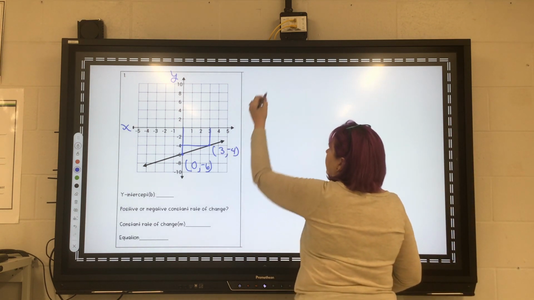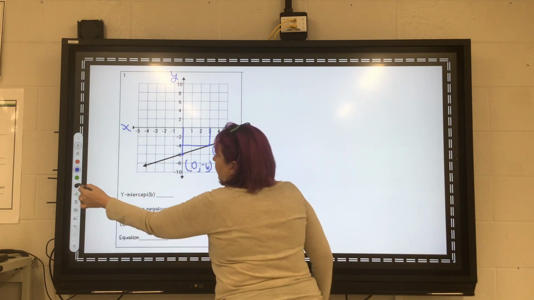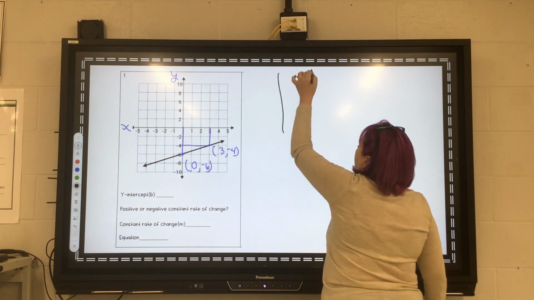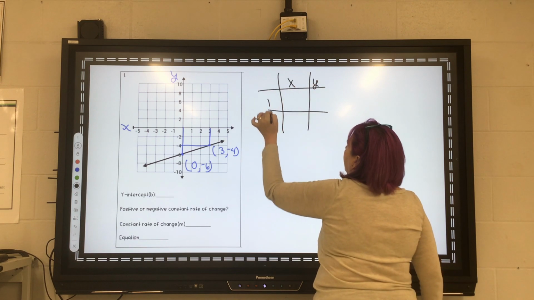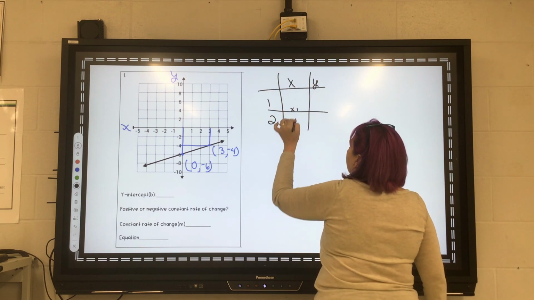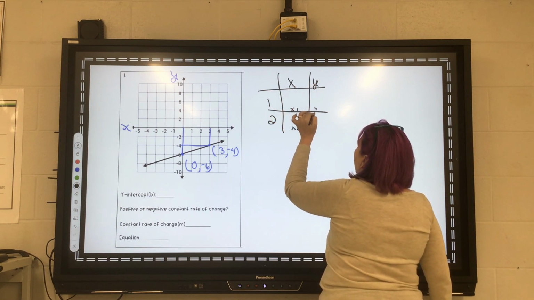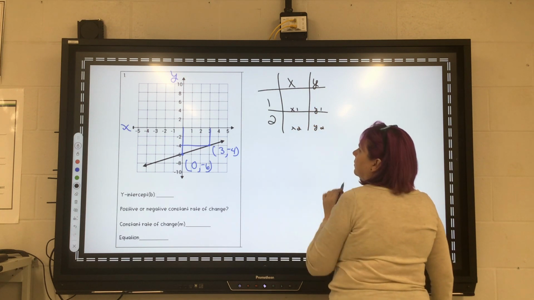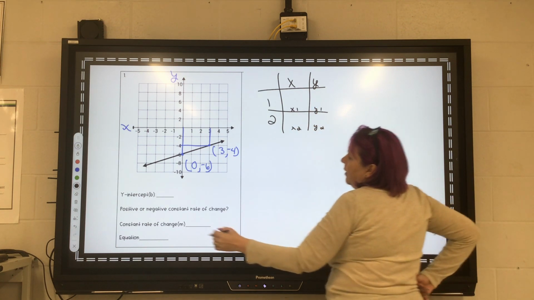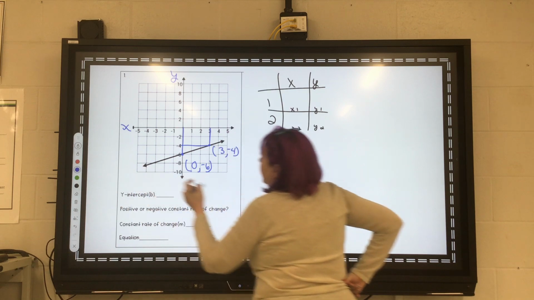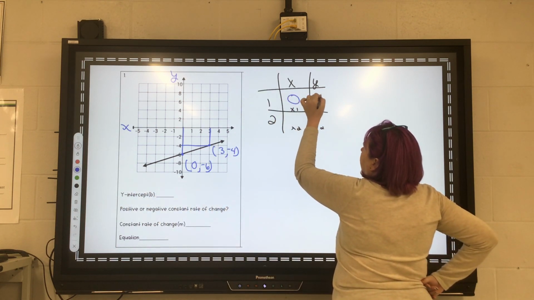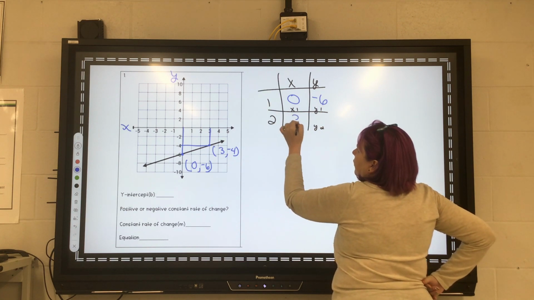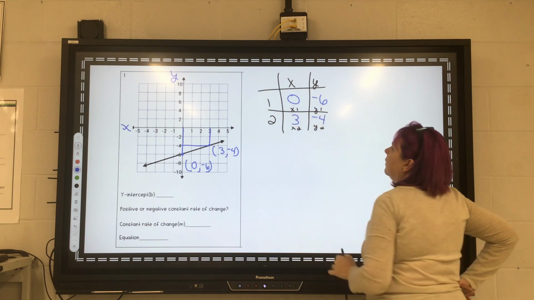When I do this, I now have my 2 points. I'm gonna do my little chart, just like I did yesterday: x and y, 1 and 2, x1, x2, y1, y2. And I'm picking numbers (0, -6) and (3, -4).